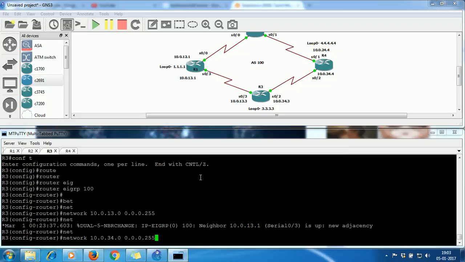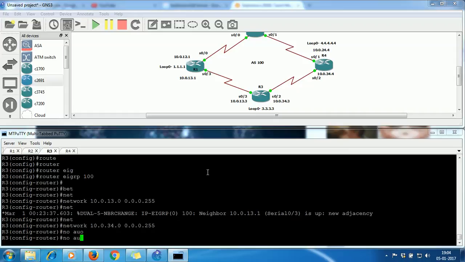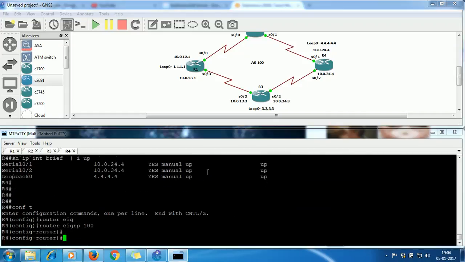Okay, now here I'm not going to advertise my router 3 loopback address. That way we will come to know what happens if we do not advertise a network, and what happens if you advertise a network. For that purpose I'm leaving it out here. No auto-summary. Okay, so let's go to router number 4.